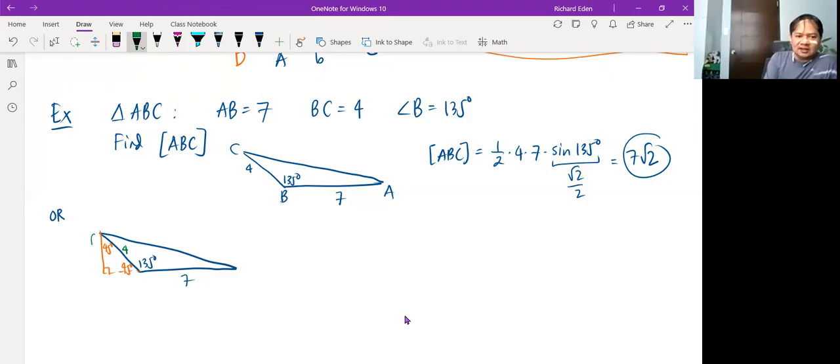So the height is, since you have a 45, 45, 90 triangle, 135 happens to be supplementary to 45, which is a special angle. So that height is going to be 4 over the square root of 2. So the area of ABC is still 1/2 times the base, 7, times the height, 4 over the square root of 2. So that's still going to be 7 square root of 2.